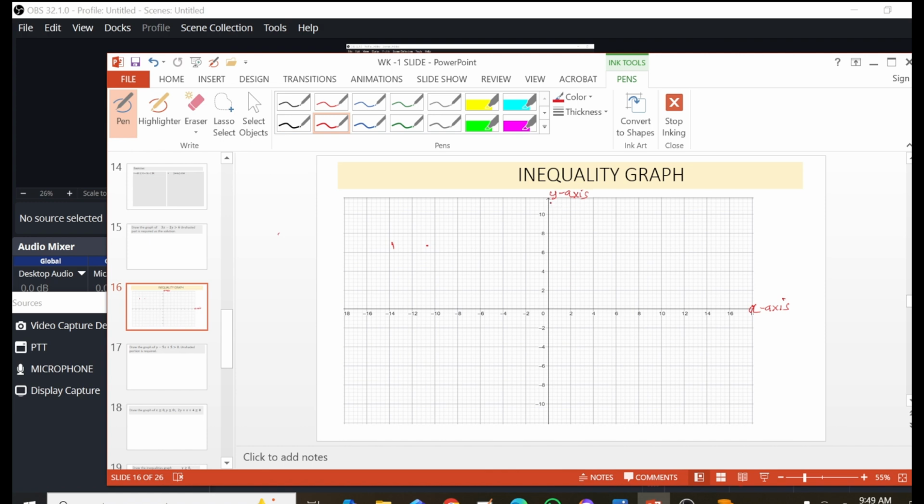When we talk of graphing of inequality, the graphing of any equation comes along with coordinates of points. The coordinates of points are very important.